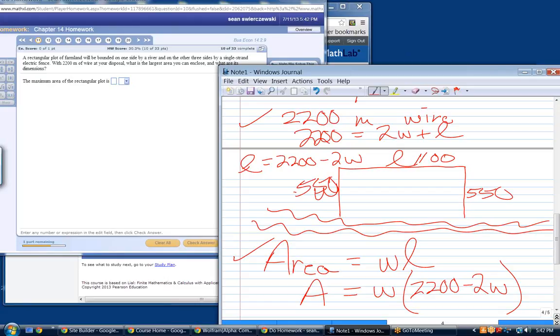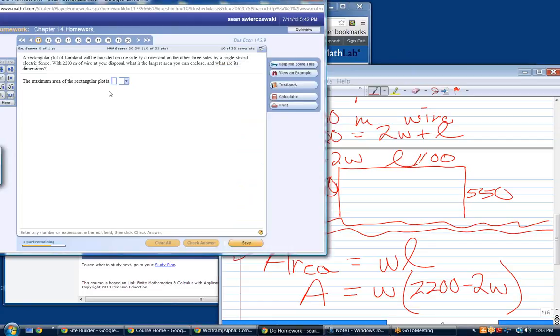So the maximum area of the rectangular plot is equal to 605,000. So I want to put an equal here. 605,000 there. What's going to go here?